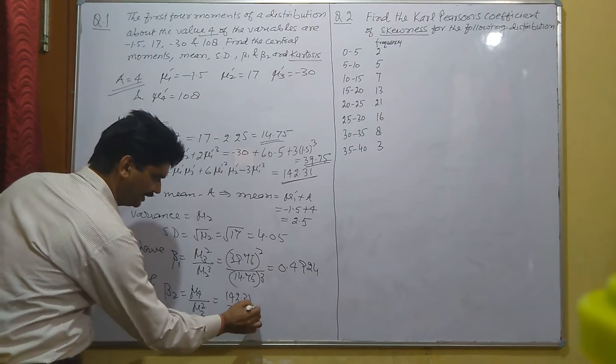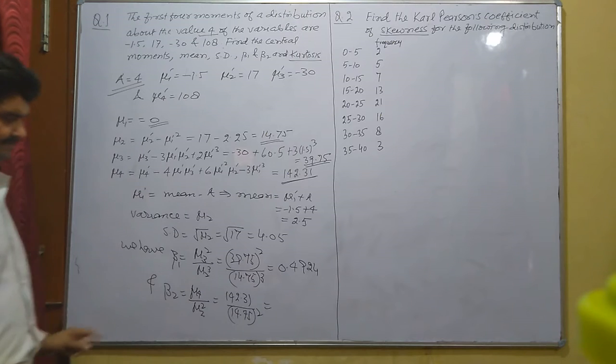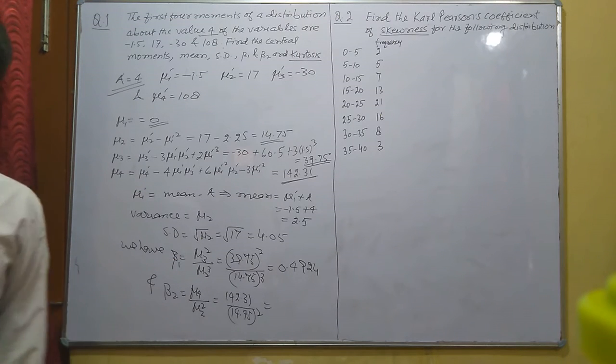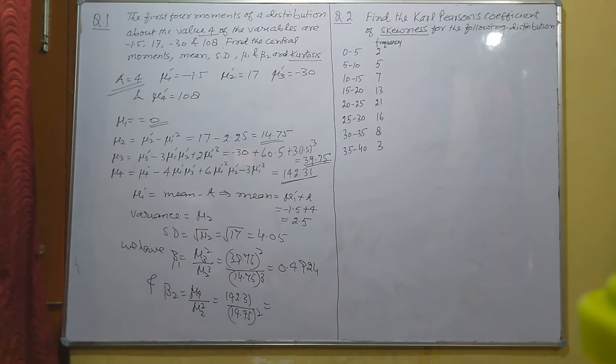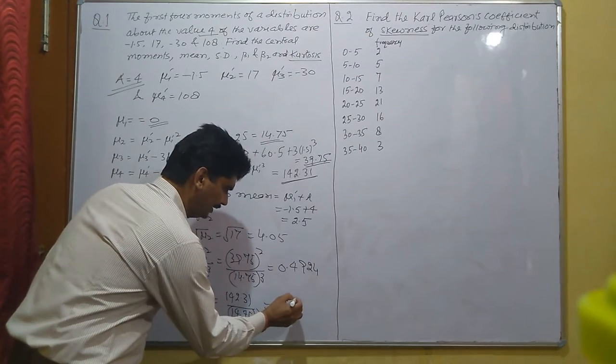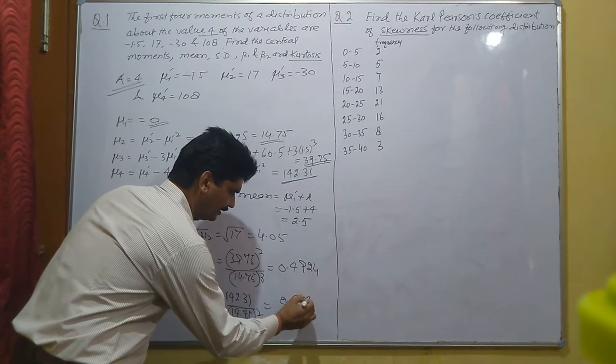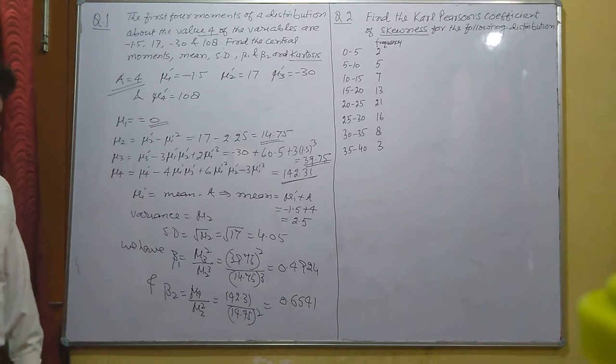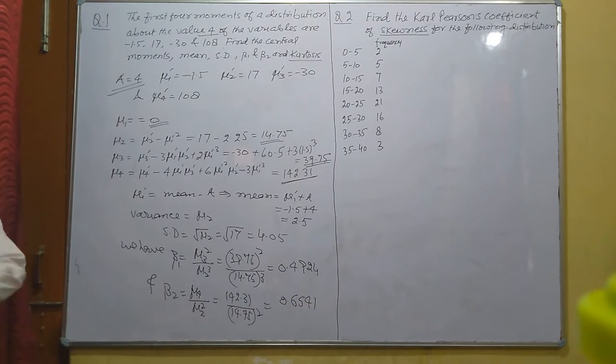After simplifying, we get 0.6541. So these are Pearson's coefficients.